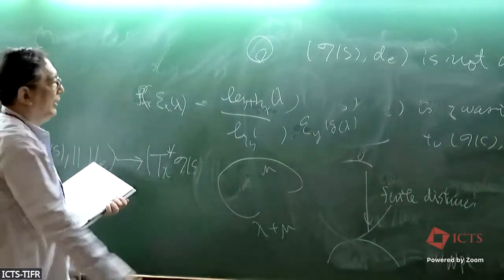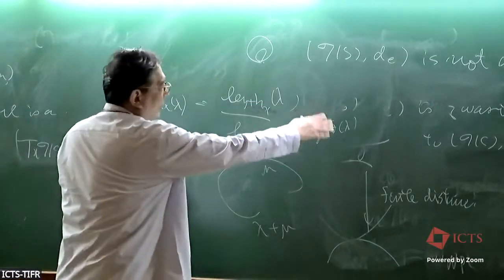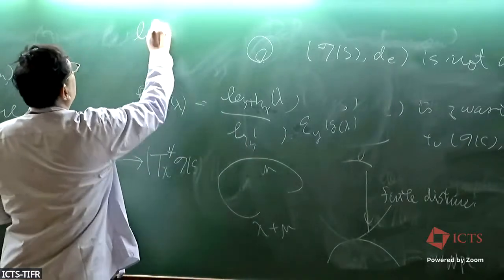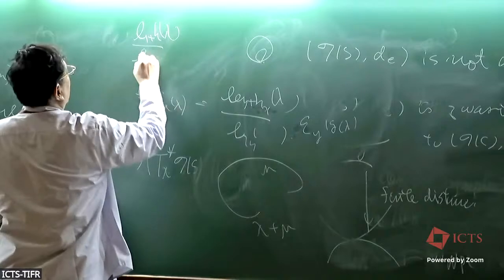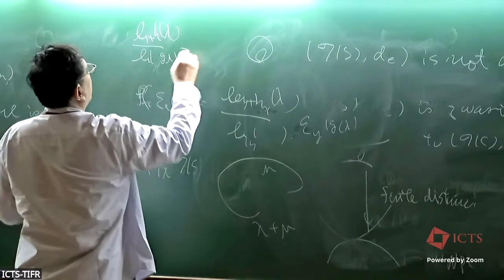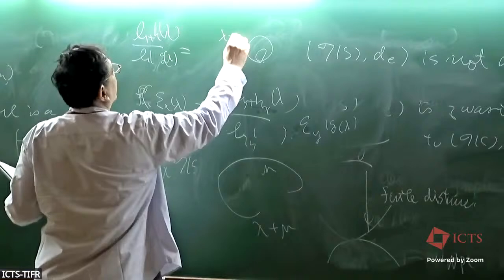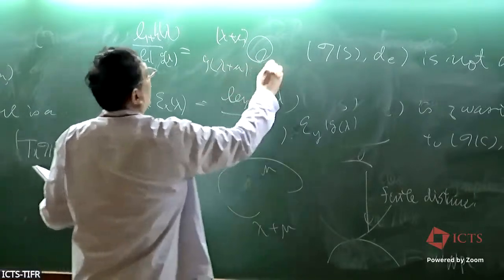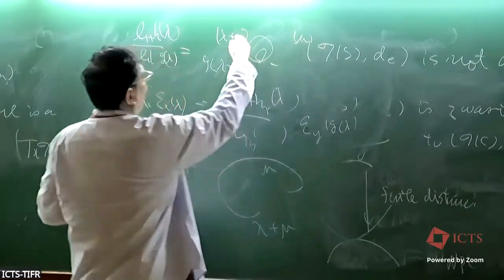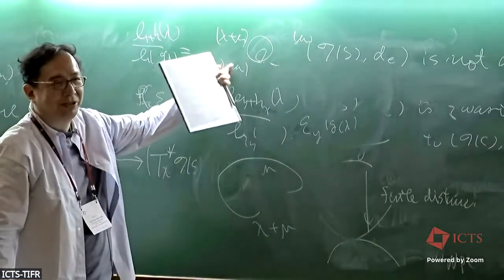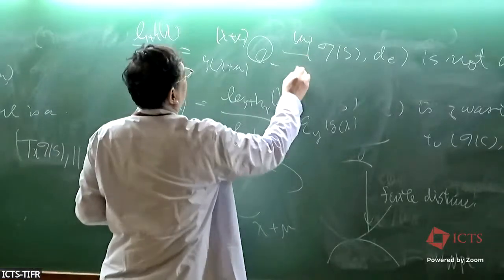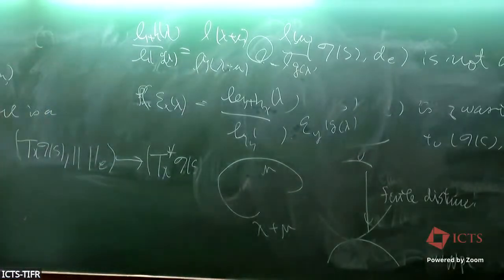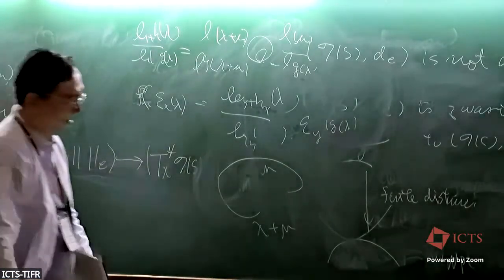By the linear independence of these vectors, what you get is that this is equal to the sum, g lambda plus g mu. So by this intermediate term, you see that this is equal to this. That's the point.